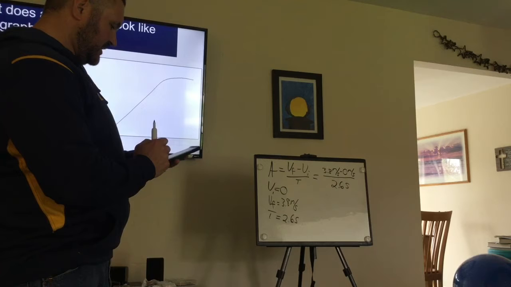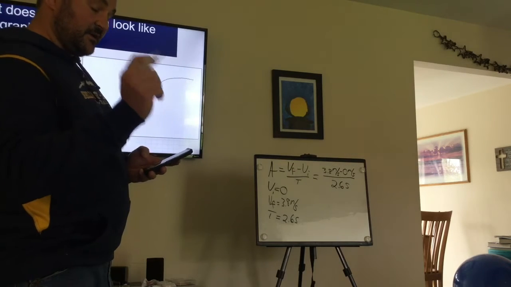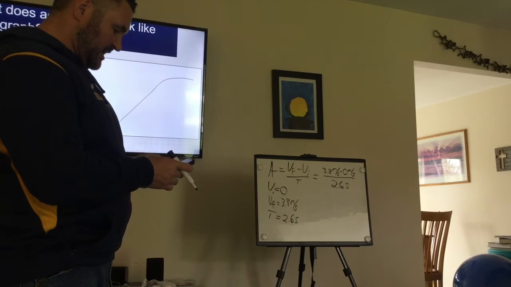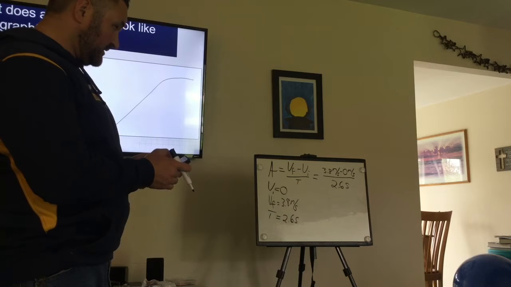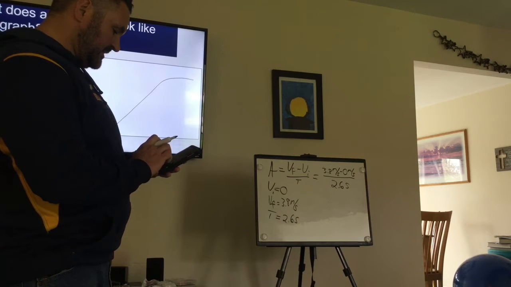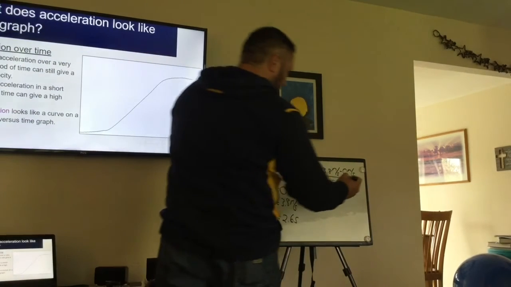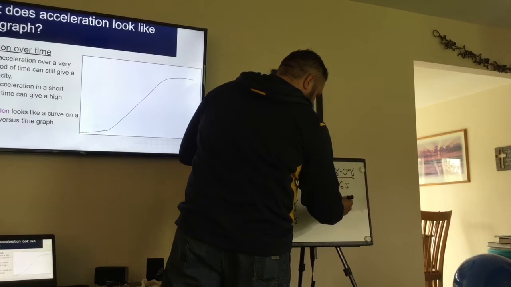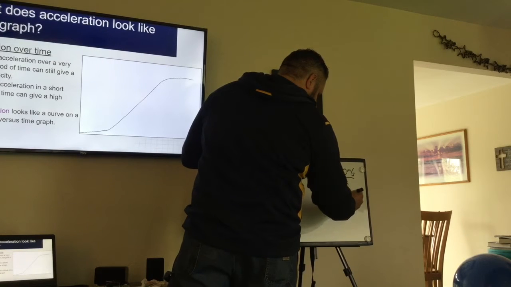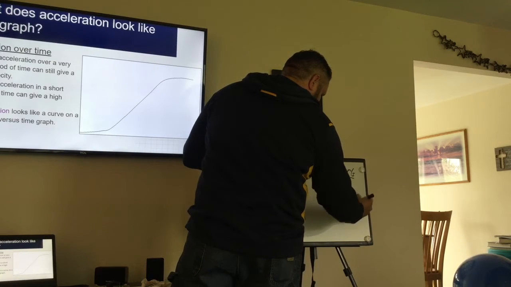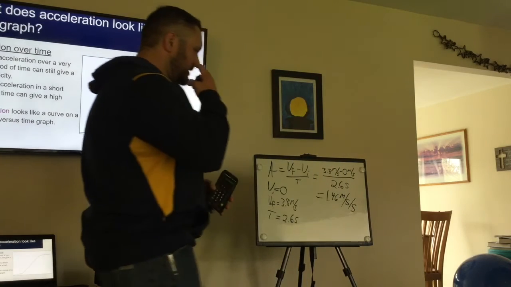So if you guys are working at home, you will be allowed to use your calculators for this, by the way. There's a lot of math in physics. You take 3.8 divided by 2.6. His average acceleration was 1.46 meters per second, or you could do meters per second squared.